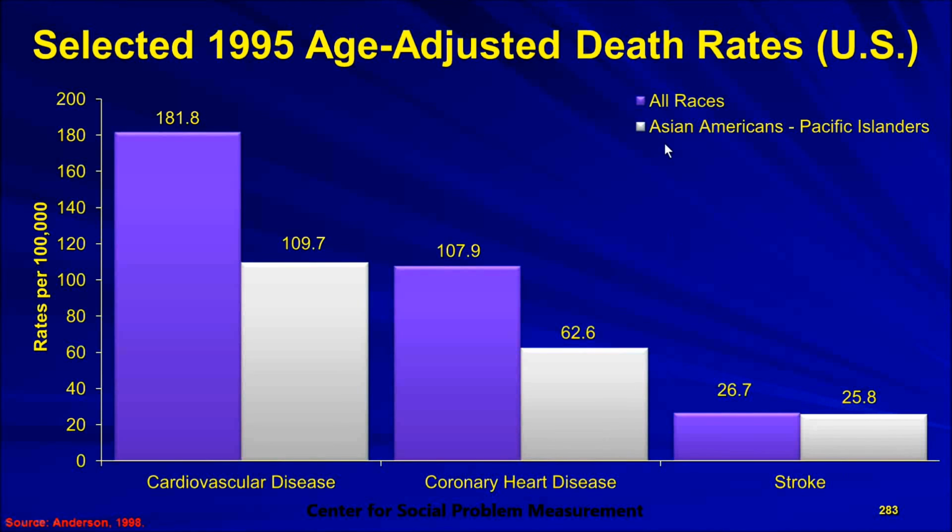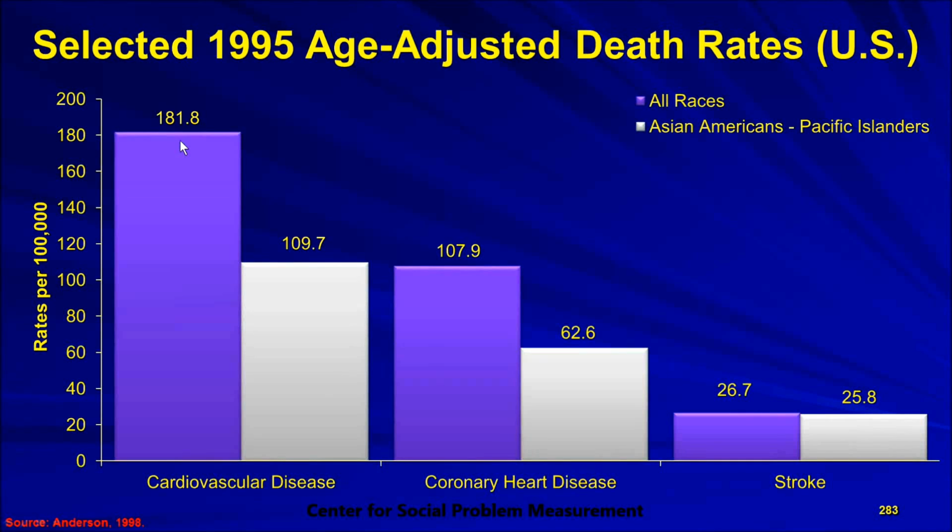So what we might conclude from this is that we ought to be looking at the Asian population in terms of what they're doing, since their death rates are so much lower than the total population. What is it then?